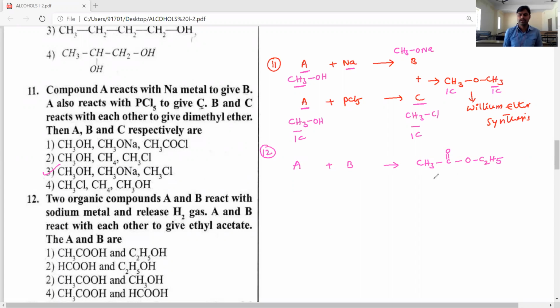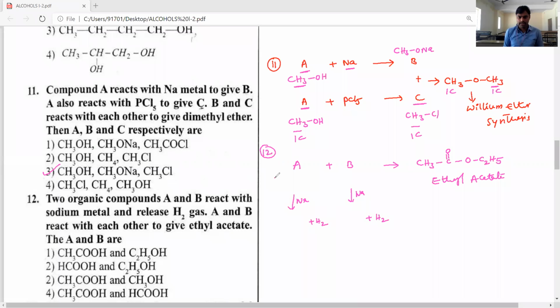Ethyl acetate is forming. Then what are A and B? One is an acid, the second one is an alcohol. Both react with sodium metal and liberate hydrogen gas.